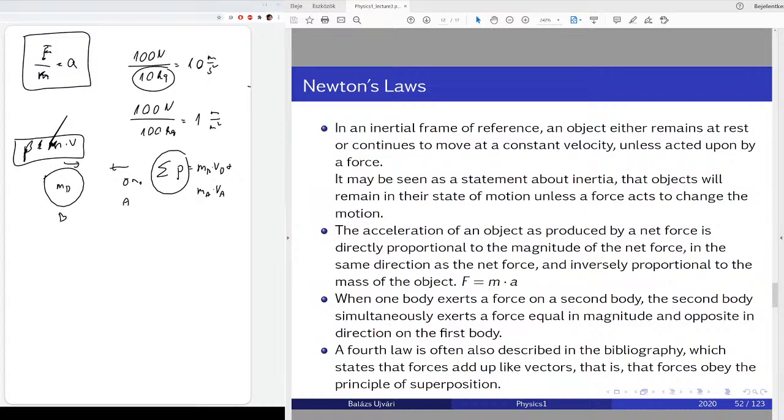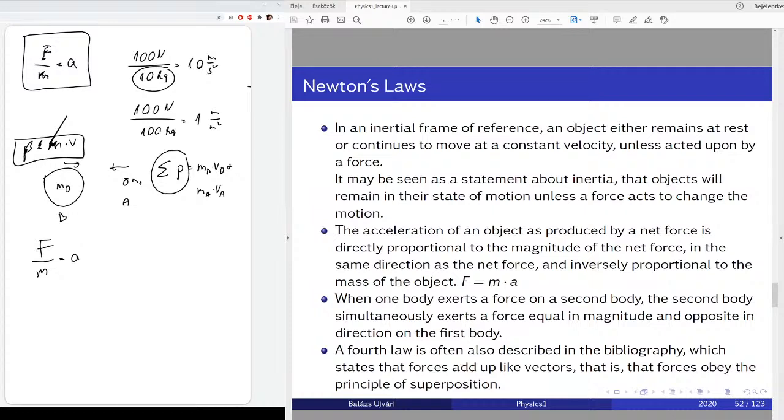The next one, if there is an acceleration, so technically this is the second one: if there are external forces, you have to divide the force by the inertial mass, and you will get the acceleration.